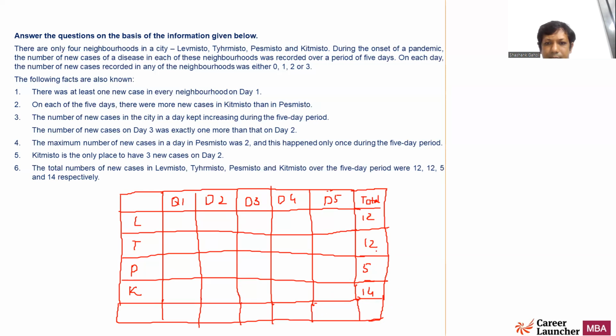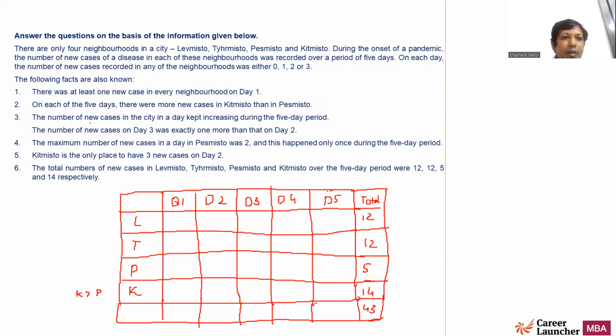So the total comes out to be 24, 5, 29, 29 plus 14, 43. So I'm talking about a total of 43 cases. On each of the 5 days, there were more cases in K than in P. So K is always going to be greater than P.